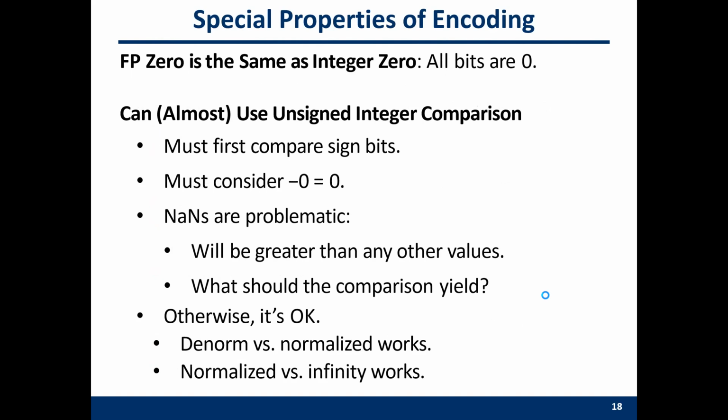The floating point 0 is the same as the integer value, integer 0, because all bits are all zeros. So the first bit always indicates the sign, and we also need to consider negative 0 and positive 0. So the IEEE standard actually has 2 zeros, negative 0 and positive 0.